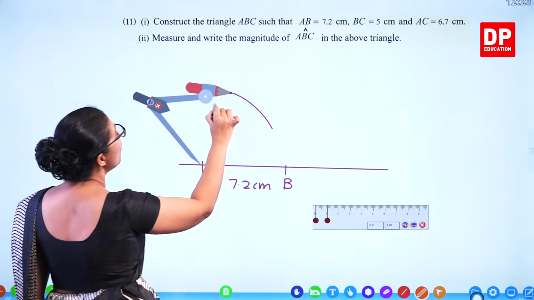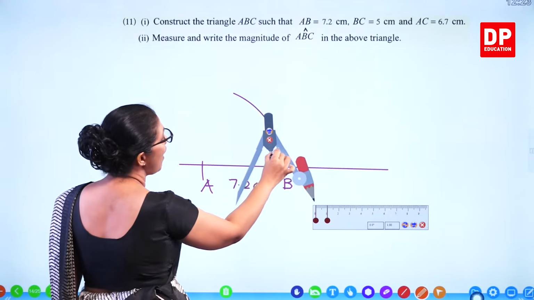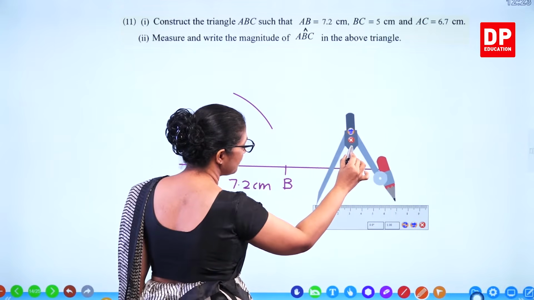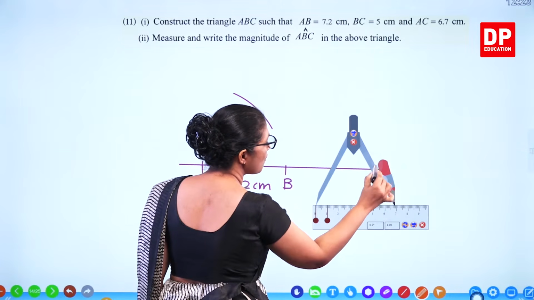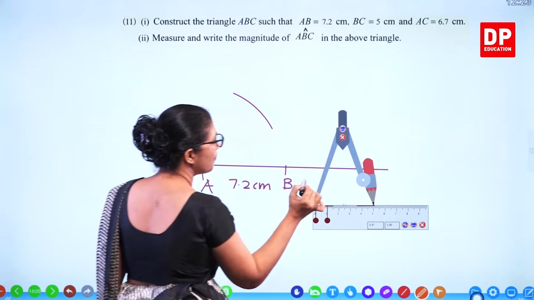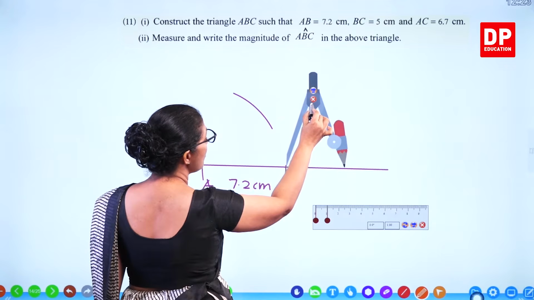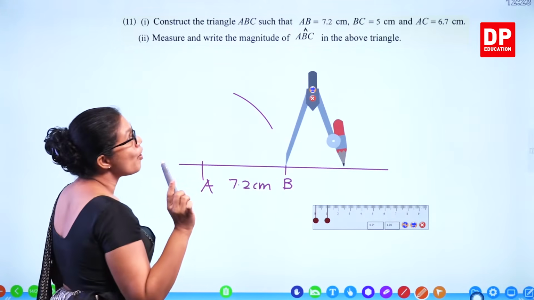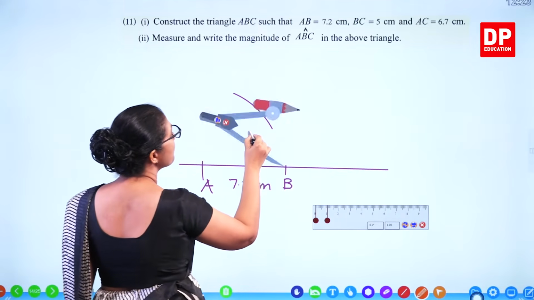Now, what's the next measurement? 5 centimeters. So we measure 5 centimeters and draw the other arc, keeping the compass on top of point B now because BC is 5 centimeters.